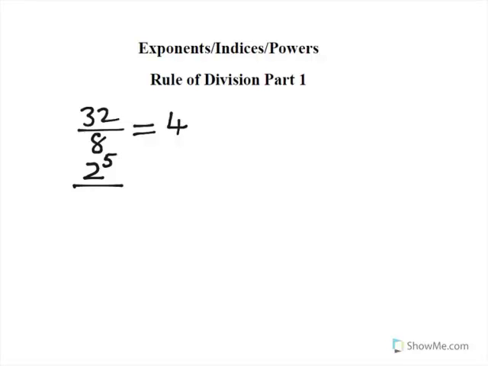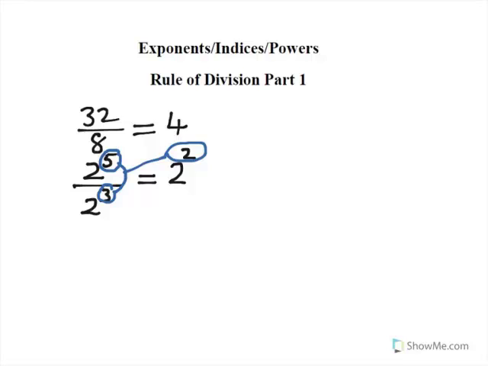And the 8 is 2 cubed. But we know that 4 is 2 squared. So what observations can we make about the powers or the exponents going from those two to get this answer here? Well, 5 minus 3 is 2.